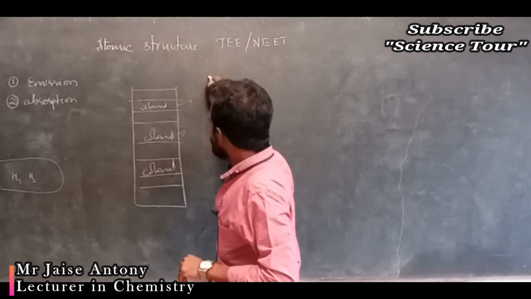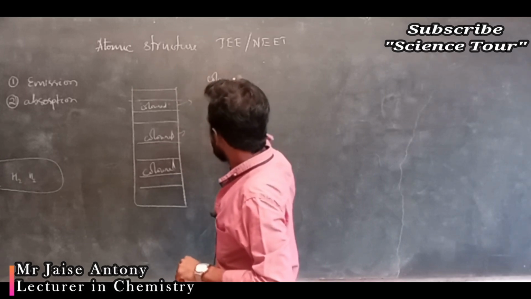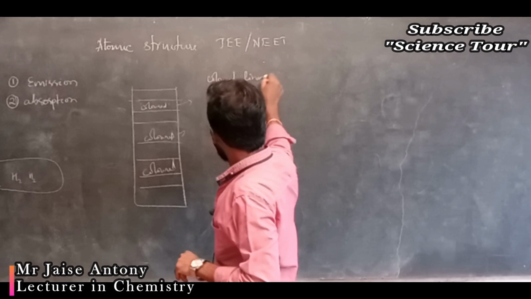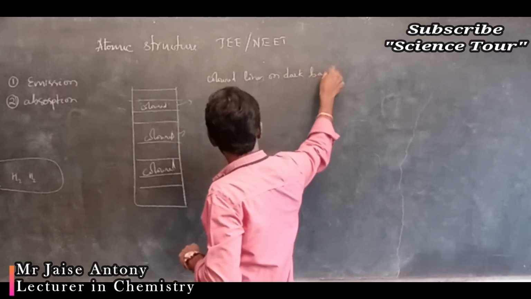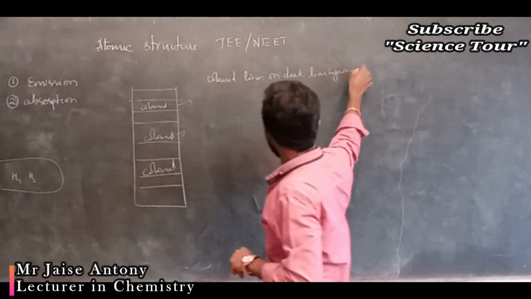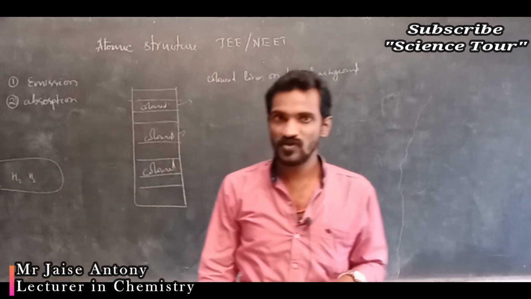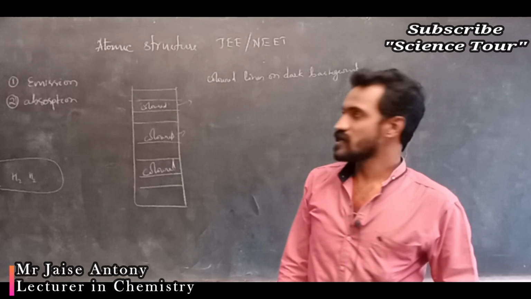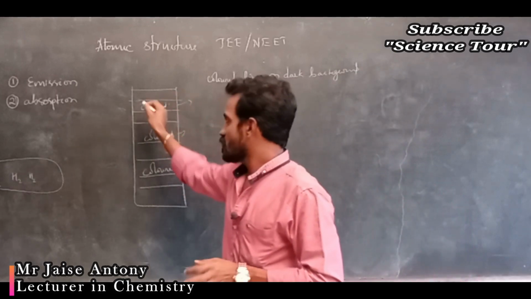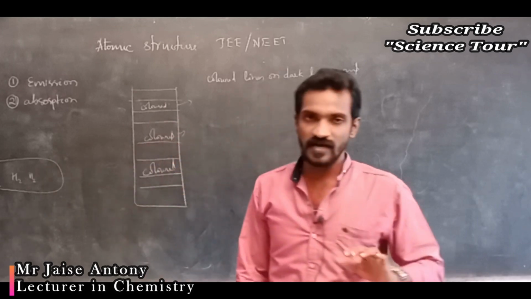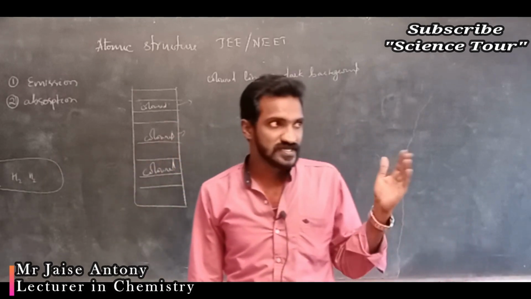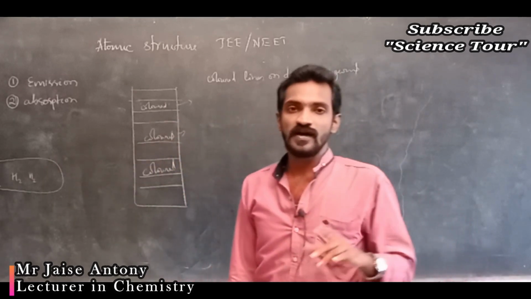Note down this one: colored lines on a dark background is called emission spectrum, my dear students. Emission spectrum is also called line spectrum. Line spectrum means one line of color, then dark, then again color, again dark. This is the line spectrum.